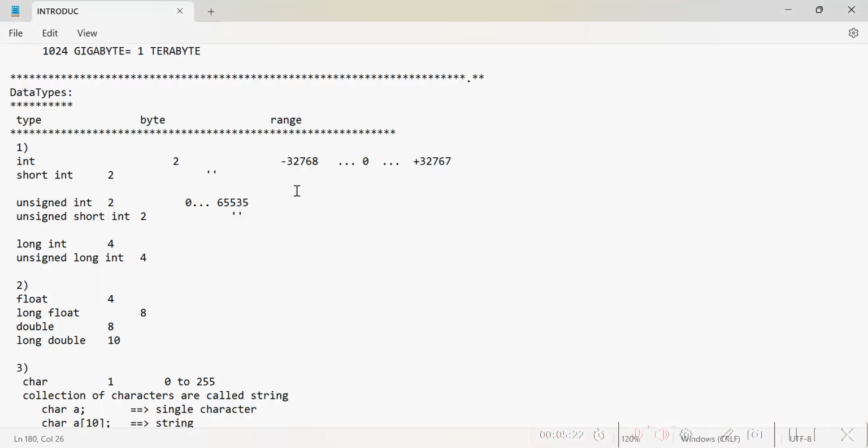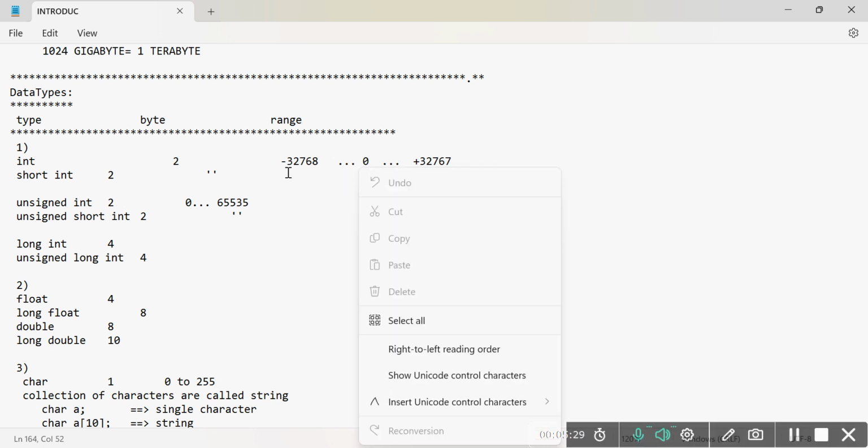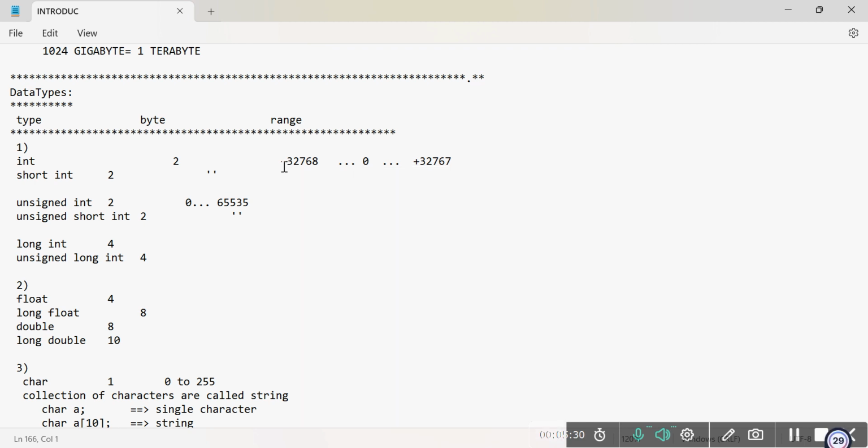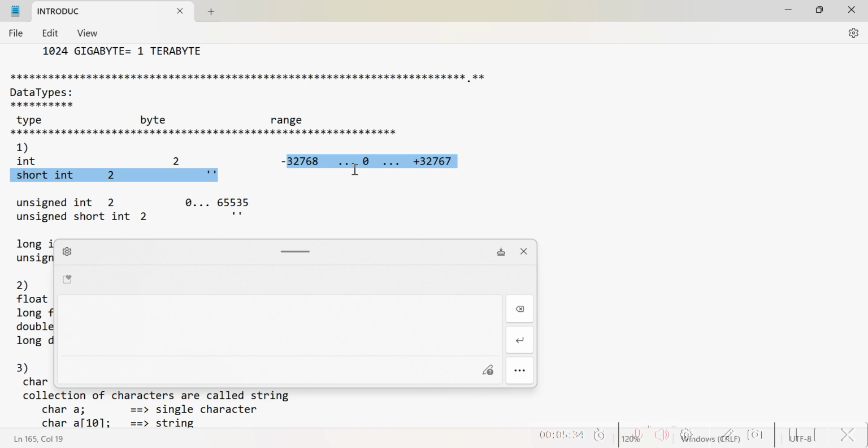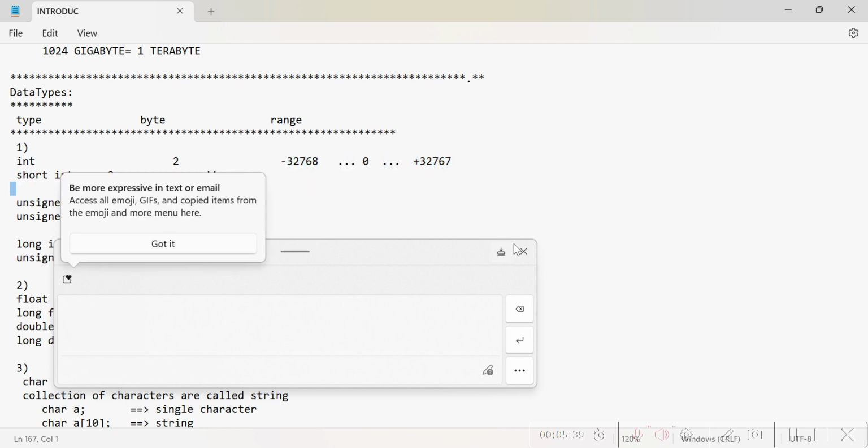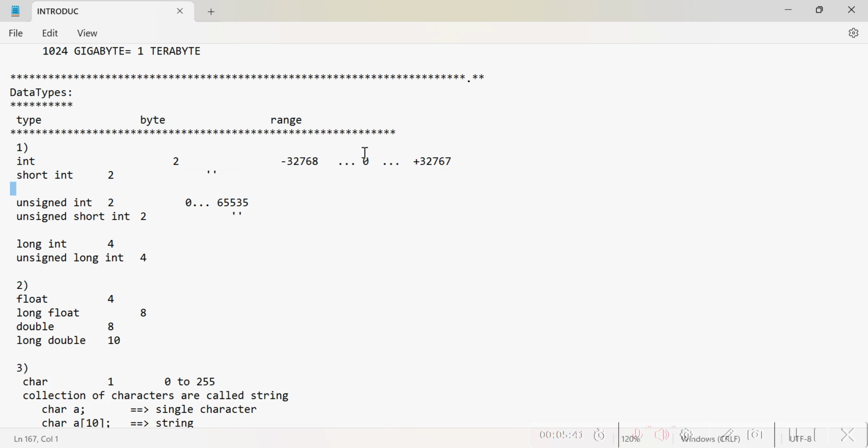So here the range they fixed is minus 1 to minus 32,768 for the negative numbers, half of the numbers, and 0 to 32,767 for the positive. Totally, if you add that, you get 65,536 numbers including 0. So half of the numbers are in the negative portion, half in the positive portion.